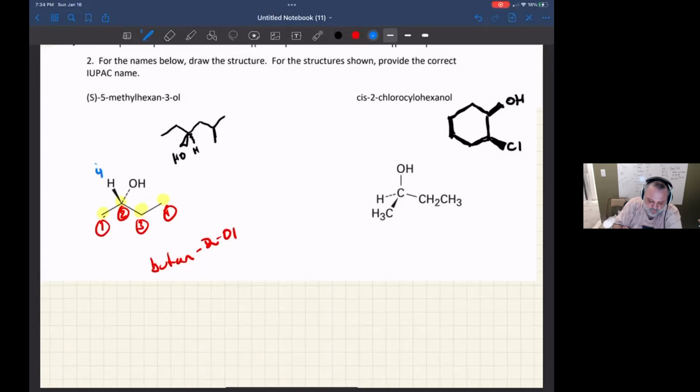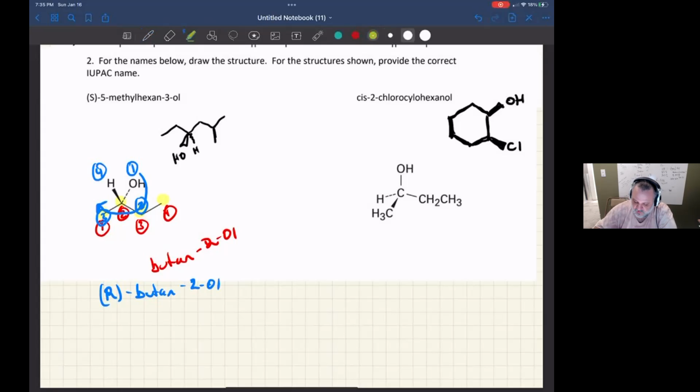So this is 4, 1, 2, 3. 1, 2, 3, that would be counterclockwise, but I'm pointing my lowest priority group in the wrong direction, so I'm going to switch my result. Instead of S, I'm going to call it R. So it's R-butan-2-ol.